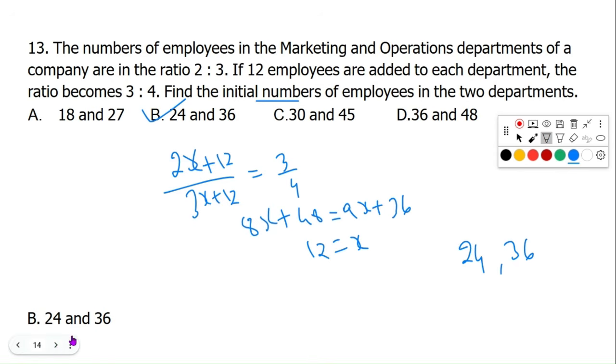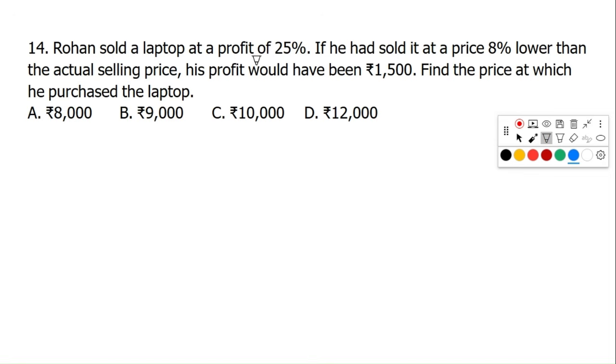So let's move on. Rohan sold a laptop at 25% profit. So assuming CP as 100, your SP is 125, 25% profit. If he had sold it at a price 8% lower than the actual selling price, now the actual SP is 125.